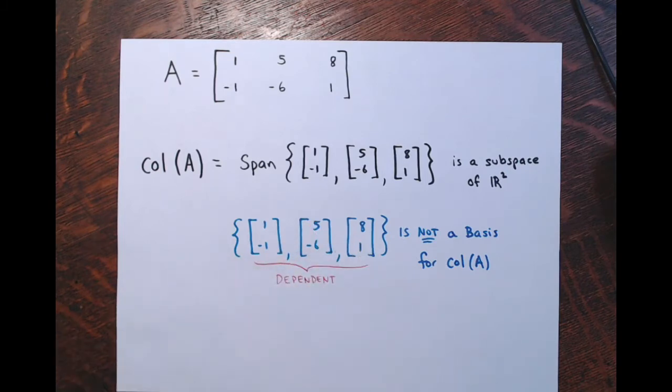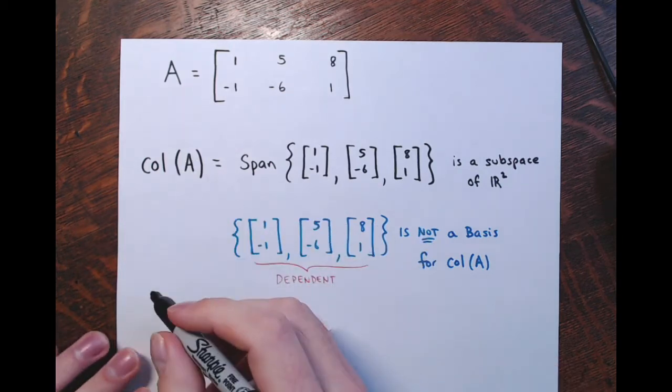That means one of these, probably maybe even two of them, I'm going to say one of them, but at least one of these isn't necessary. One of these vectors should be able to be written as a linear combination of the others. So find a basis.